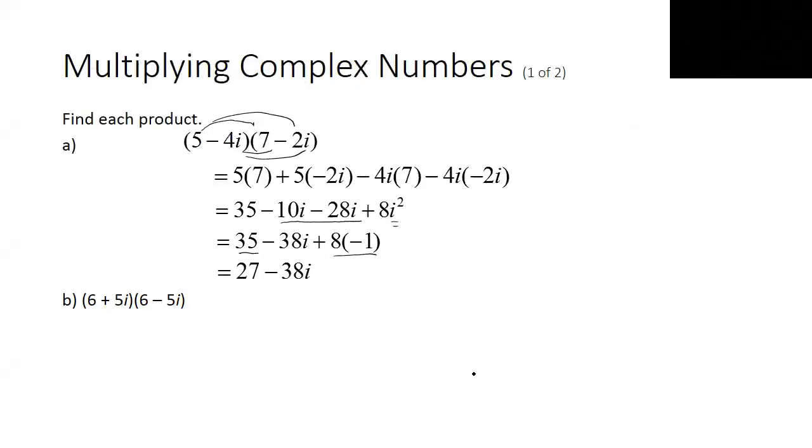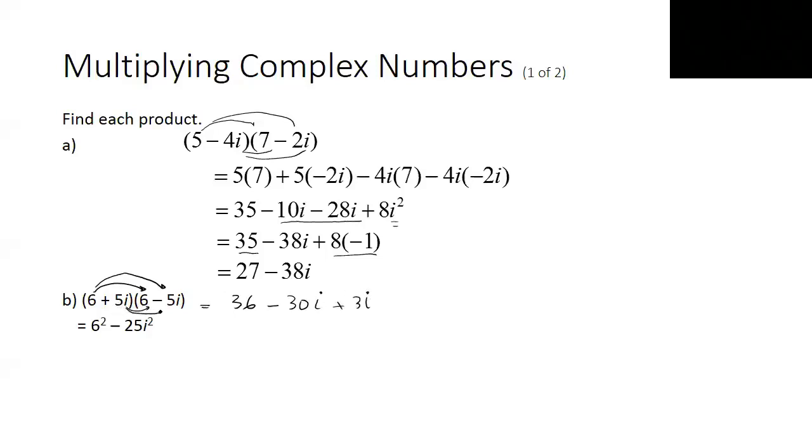So for this example here, we can either multiply term by term. We can go 6 times 6, which is equal to 36. Multiply 6 times minus 5i. What do we get? Minus 30i. And then here we multiply the next one, 5i times 6, plus 30i.